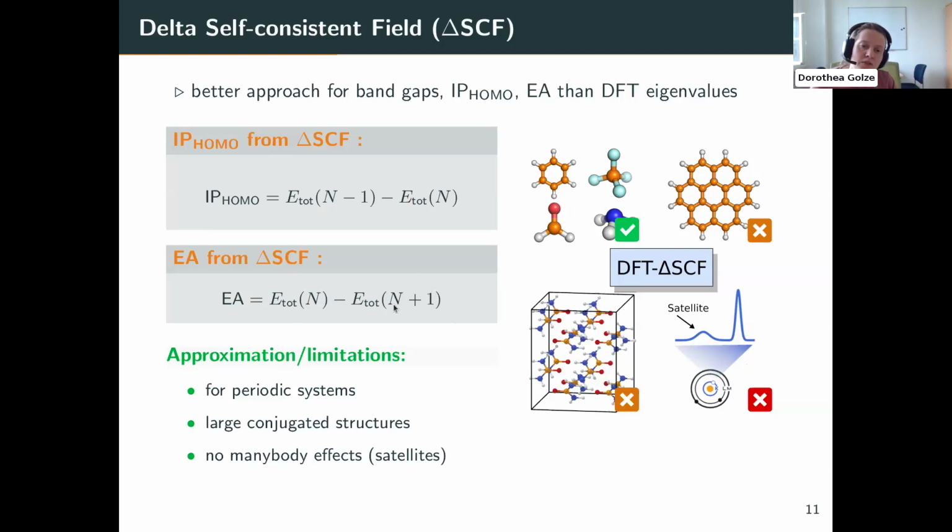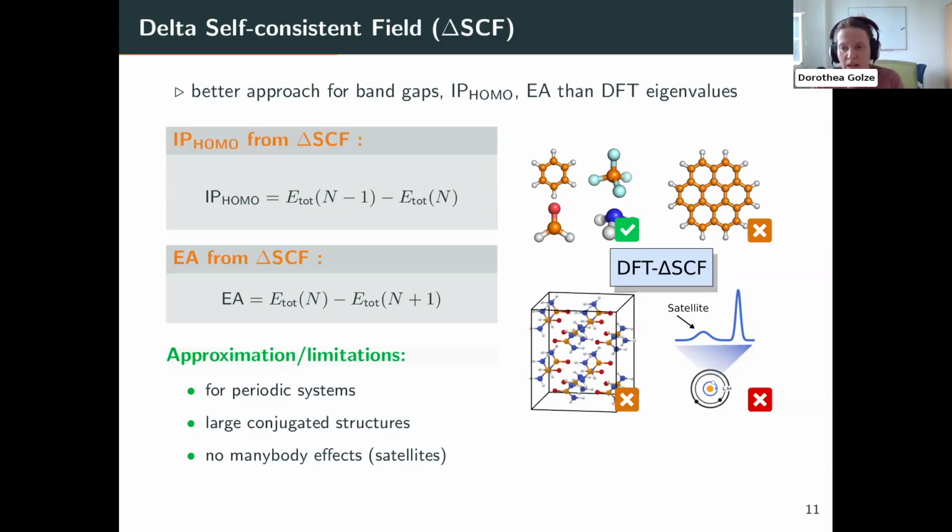So that's the n+1 system. Calculating the difference gives us the electron affinity. So that works actually very well for small molecules. If you go to larger conjugated structures, you already see it's much more difficult to constrain the hole, even if it's a core electron, so it gets more difficult. I don't say impossible. And also the accuracy then deteriorates.